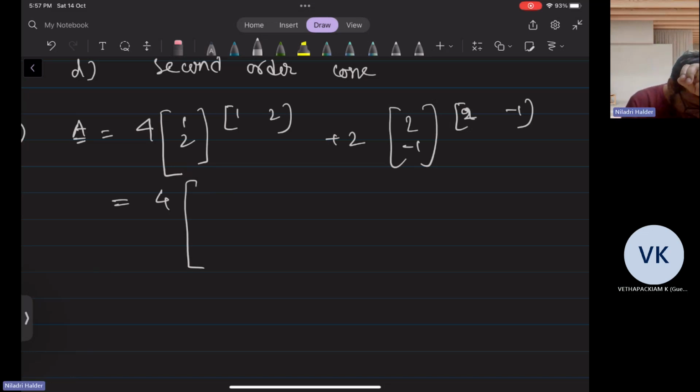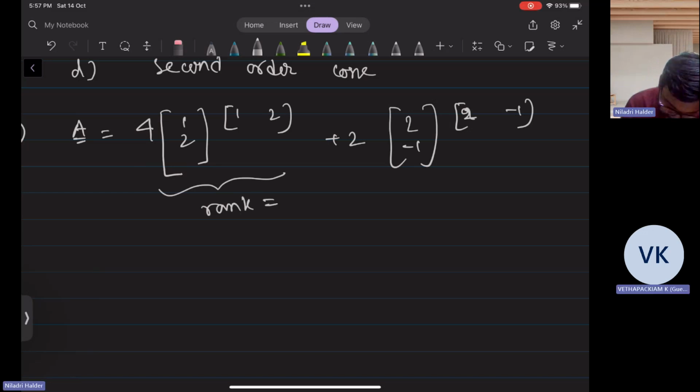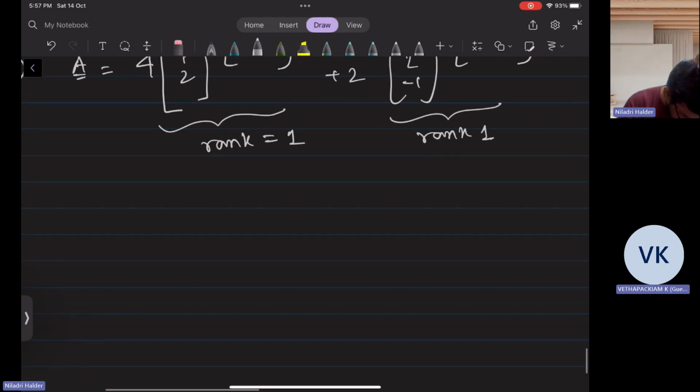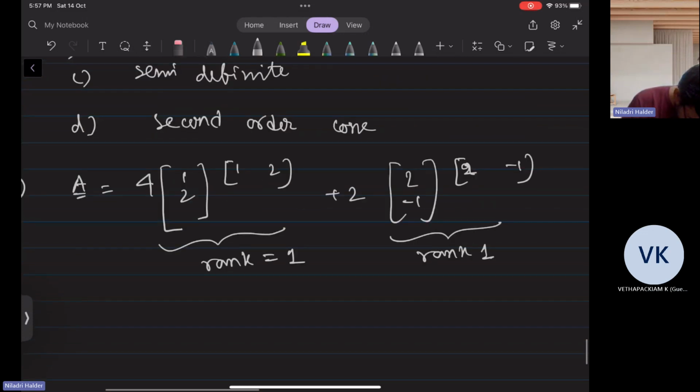Let us write it down in this way. The rank of this matrix is 1. This is also rank 1. The optimal value of X transpose AX is lambda, the eigenvalue. What is the eigenvalue?